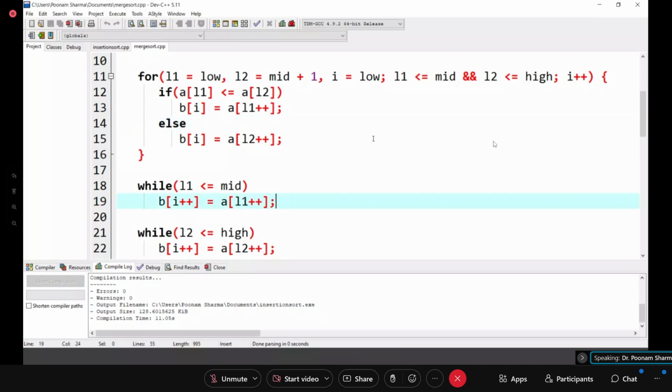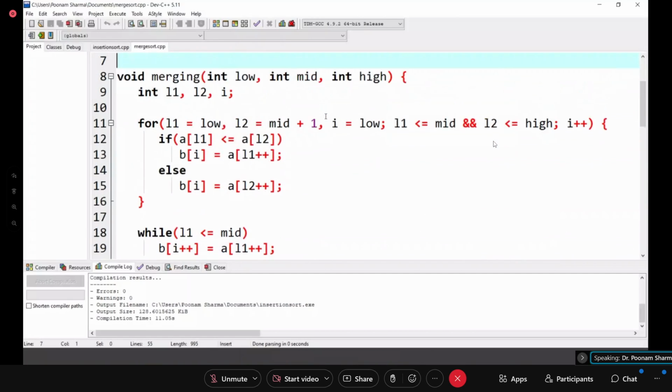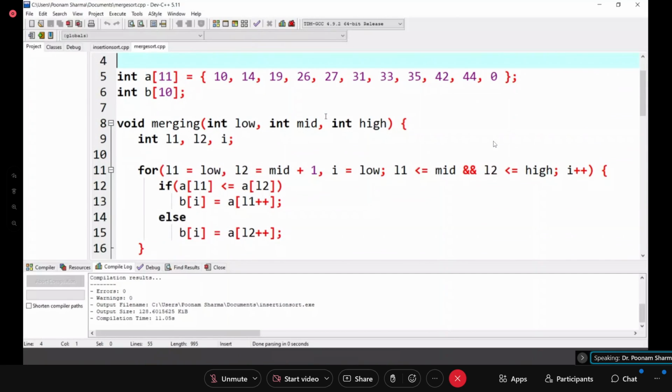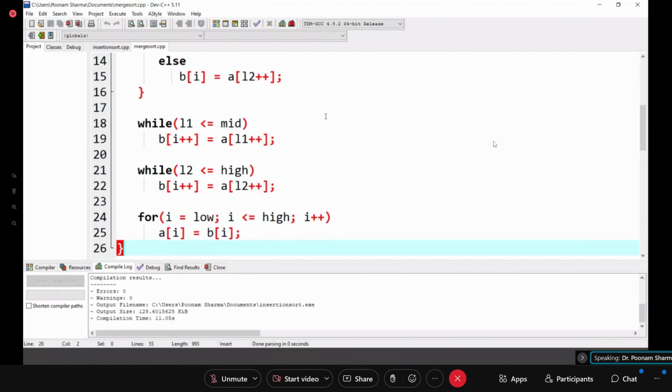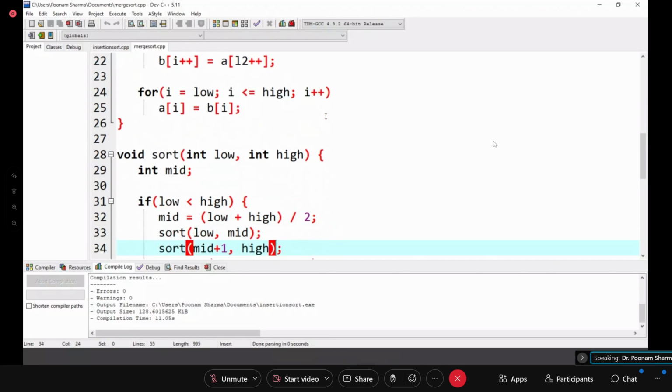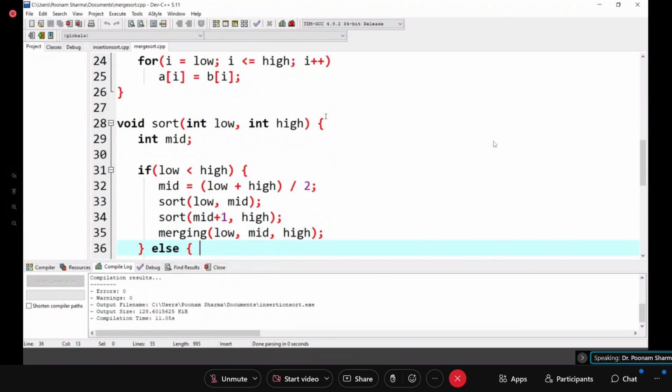Yes, ma'am. Okay, fine. So basically here if you see, we are having the array A where some values are entered, and we want to use merge sort for doing this thing. And here we are having one function for merging. This is the function for merging, and this is the function for sorting.